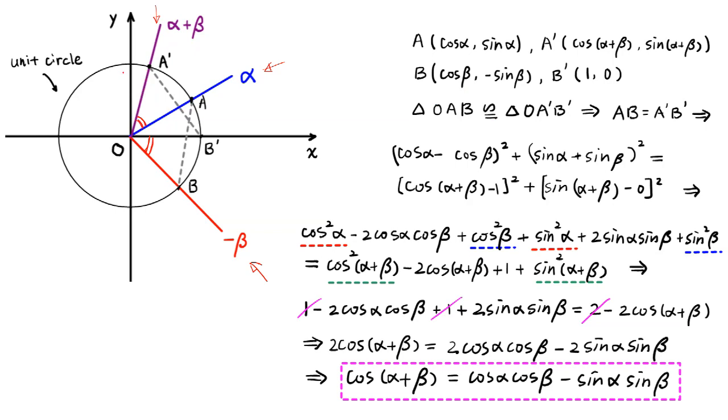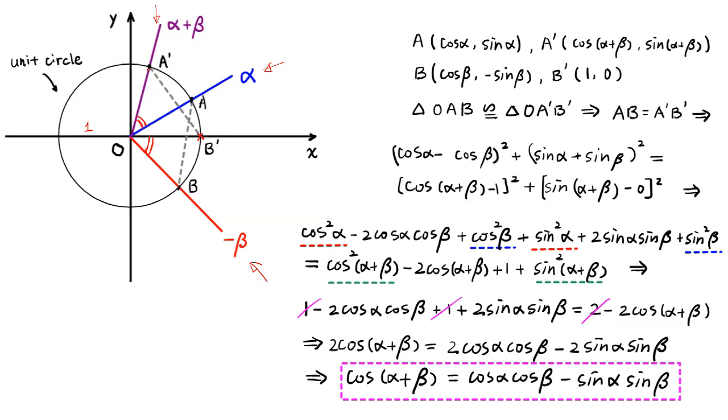Okay, so then we draw a unit circle. Unit circle has a radius of 1 unit, right? And the intersection points with the terminal sides of alpha, minus beta and alpha plus beta are A, B, and A prime respectively. And we also denote this point here as B prime, right?